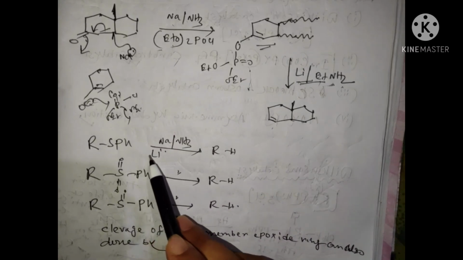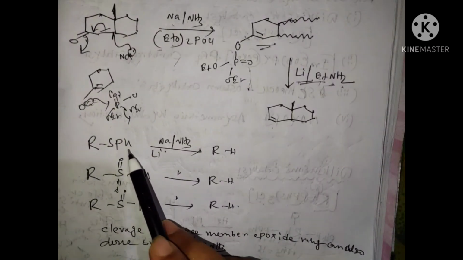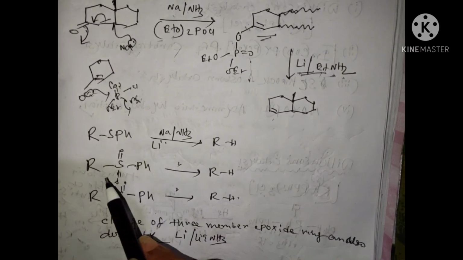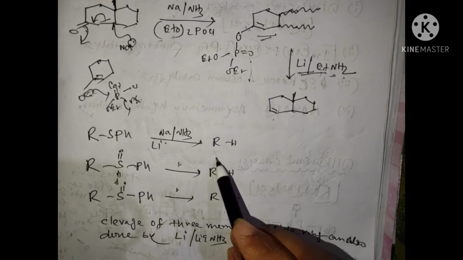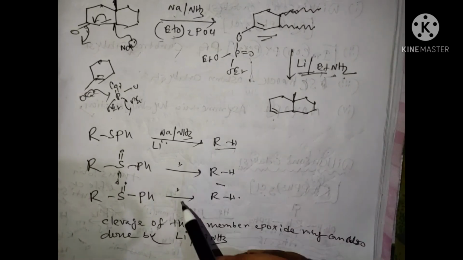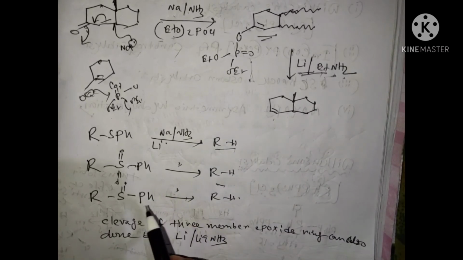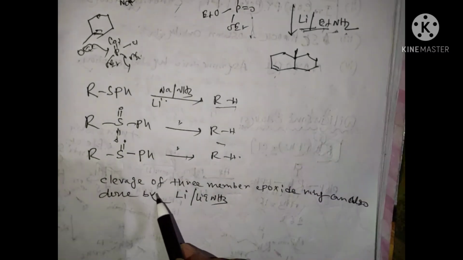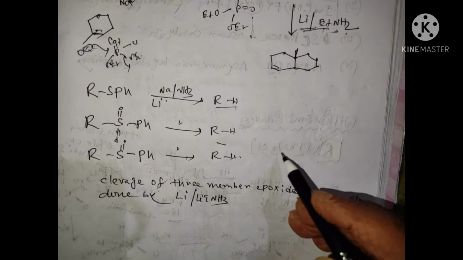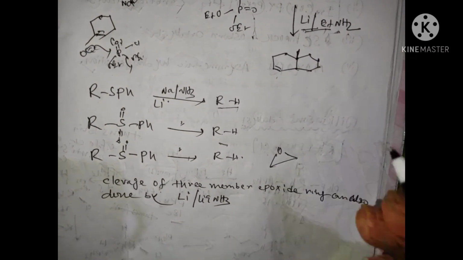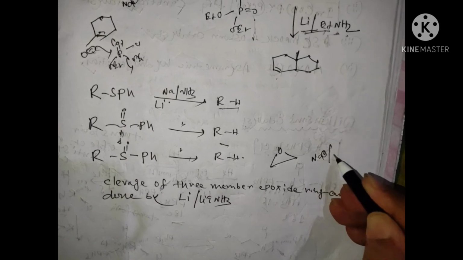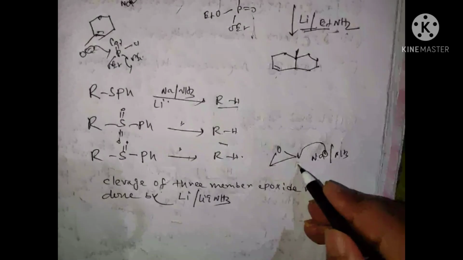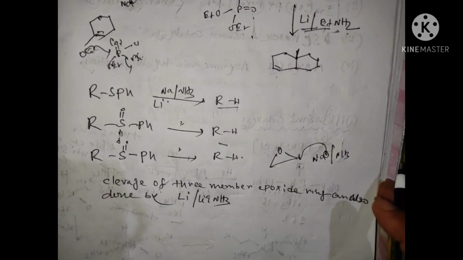Another example of reductive cleavage is that if you have a sulfoxide, all these three compounds can be reduced to the RH group by sodium liquid ammonia. Another important thing is that an epoxide ring can be reductively cleaved by sodium liquid ammonia, and sometimes a cyclopropane ring can also open by sodium liquid ammonia.